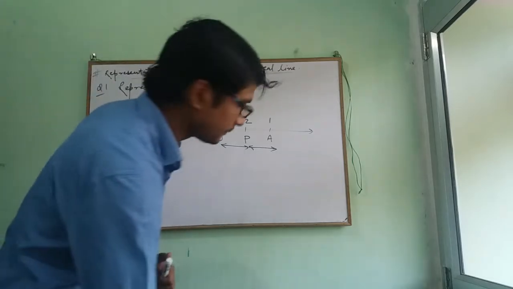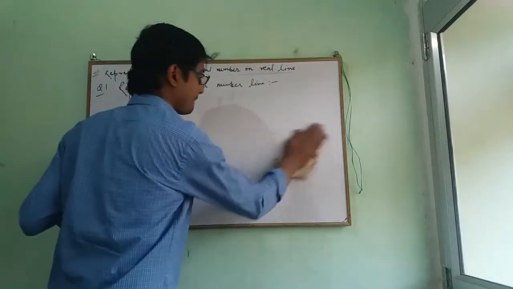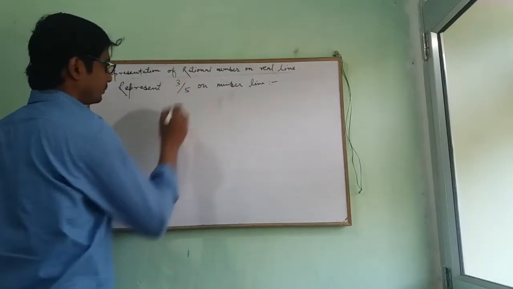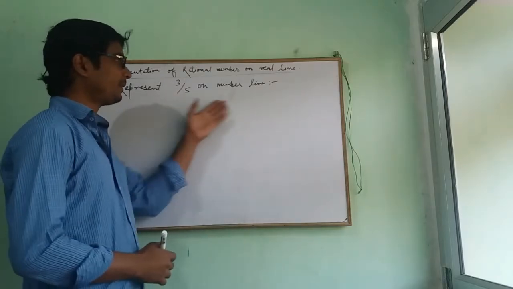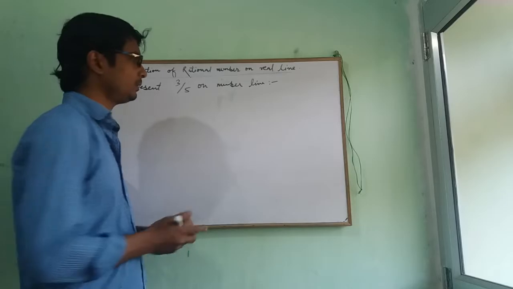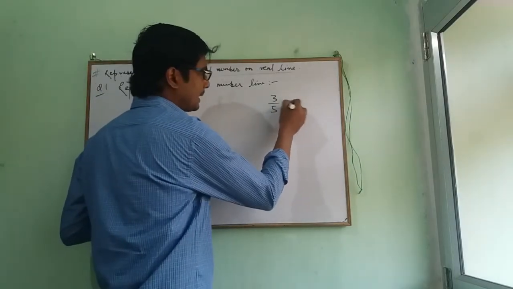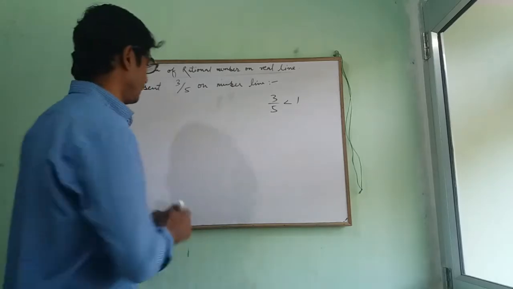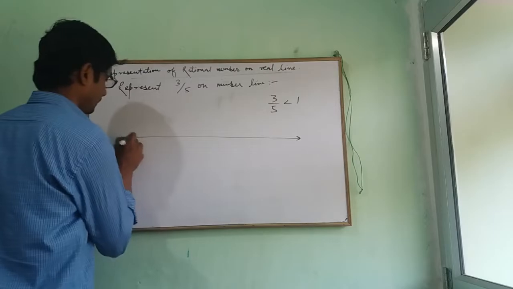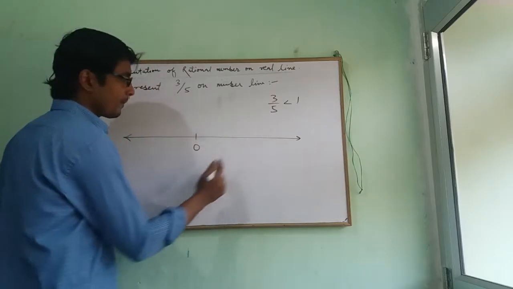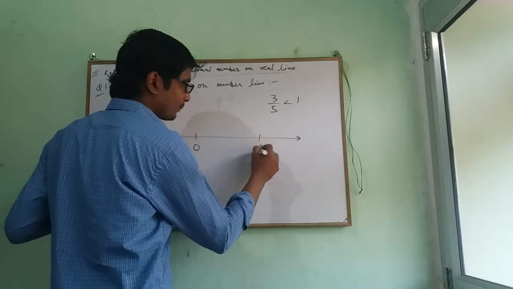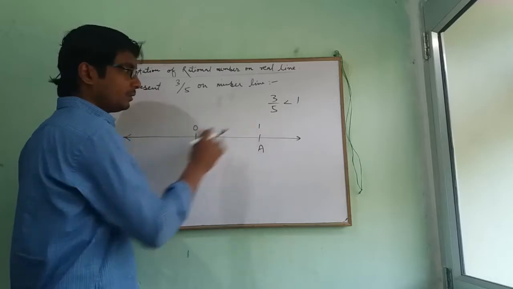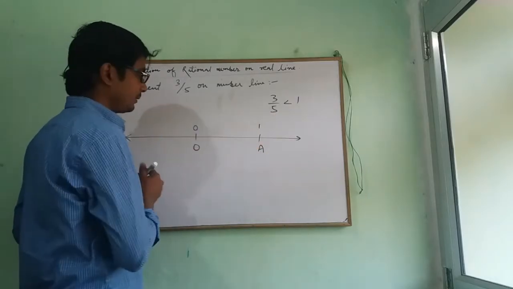Let's take one more example. Represent 3 by 5 on a number line. Now, as you can see, 3 by 5 is less than 1. So it must lie between 0 and 1. So I will draw first a number line, set a point O, then I will draw A, let's say it is 1, and I have to divide 0 to 1 into 5 equal parts.